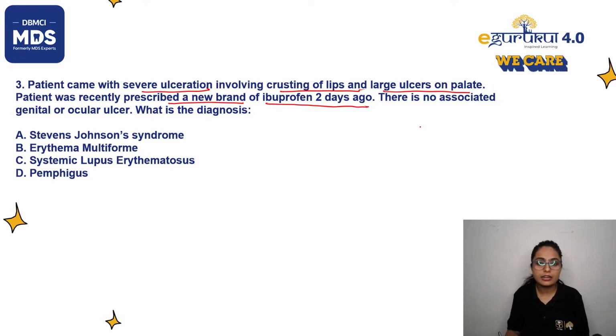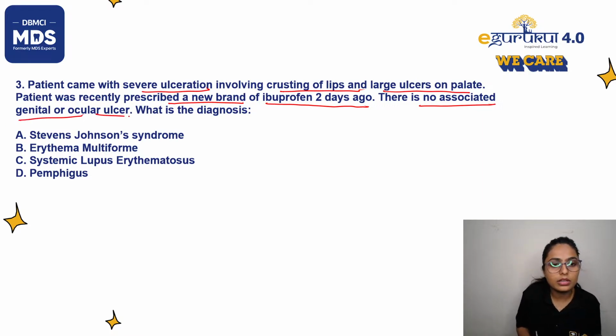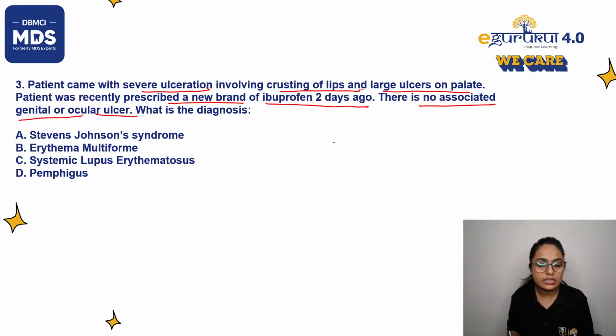That means the patient had a history of drug intake. Third, there are no associated genital or ocular ulcers. What is the diagnosis? See, we have got three keywords. First of all, severe ulceration with crusting of lips, history of drug intake. Third one, no associated genital or ocular ulcers.